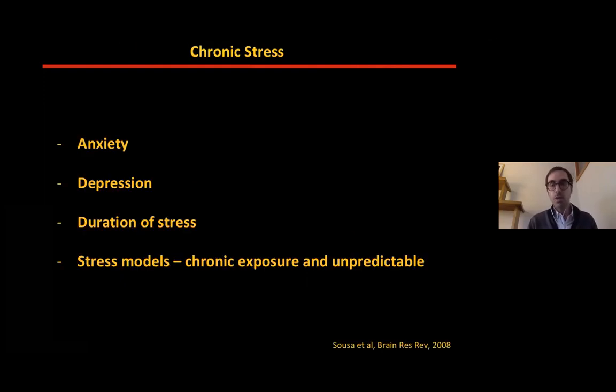For those who are not so familiar, chronic stress is any kind of exposure that can lead, for instance, to anxiety-like behaviors or depression. When we model the effects of chronic stress in the lab using animal models, there are two very important aspects to take into account.